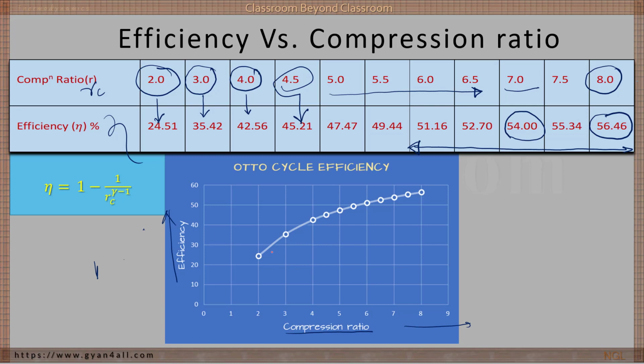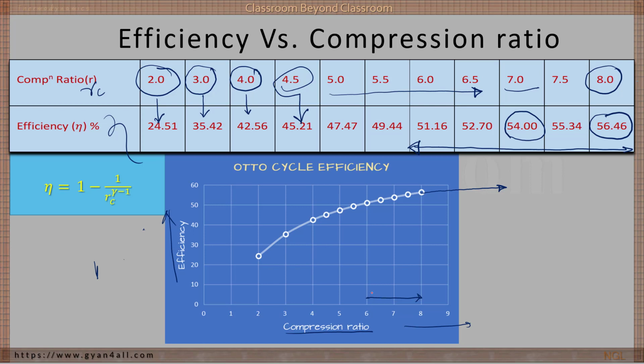You can observe in the curve that it is going this way and it will not increase enough after this. If we increase the compression ratio, we will not get too much improvement in the efficiency.